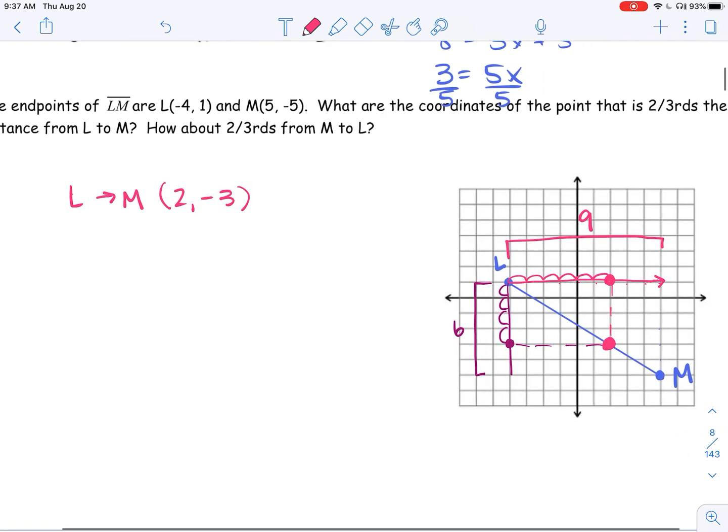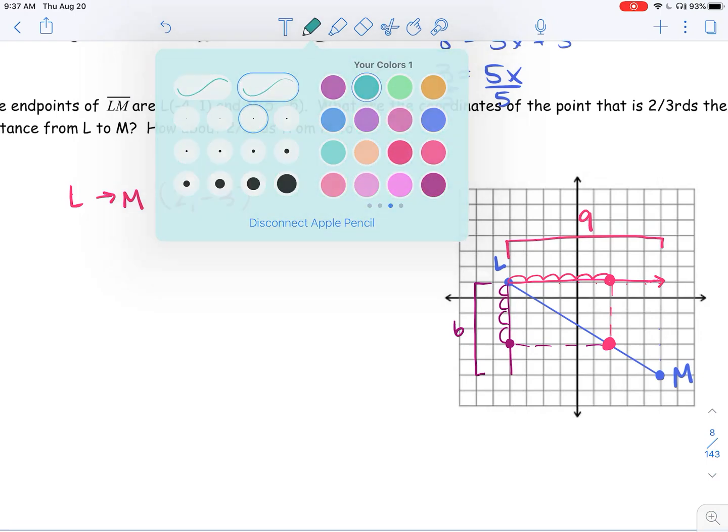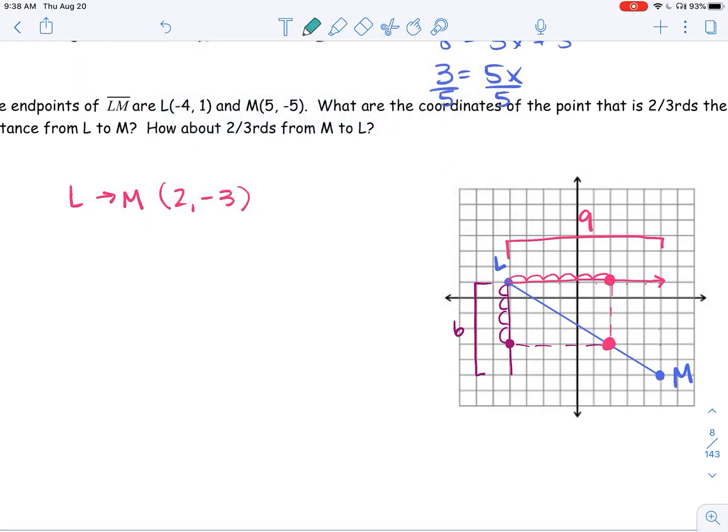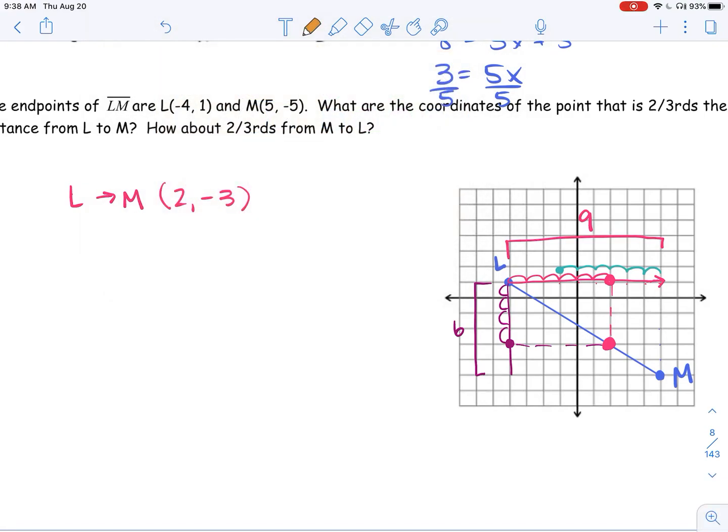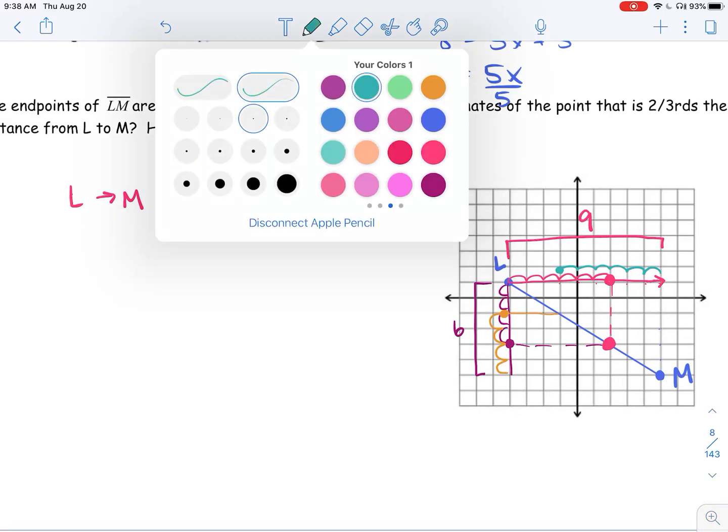And then if I wanted to reverse that, I'm going to just count backwards the other way. It's still going to be 6. 1, 2, 3, 4, 5, 6. And then if I want to look from M to L, let's see, I can go 1, 2, 3, 4, and find where those two cross as well.